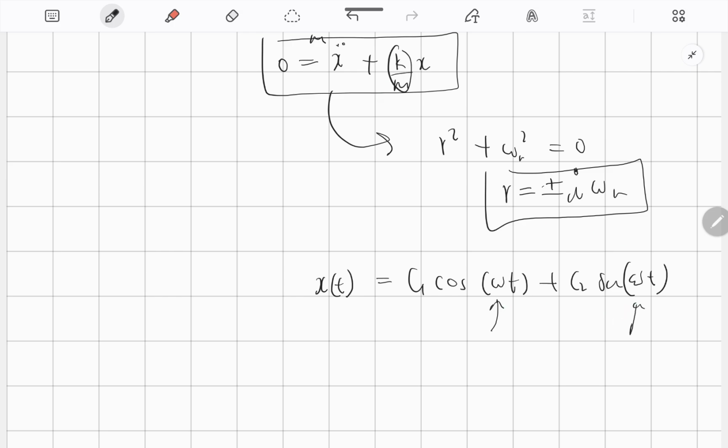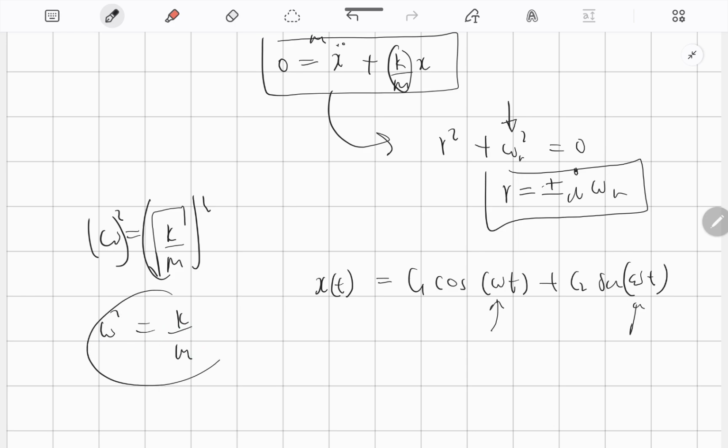Instead of having k and m, we know that omega is equal to the square root of k over m. That's why here I just bring omega squared, because I just squared both sides, and I end up with omega squared equals k over m. So this is just the natural frequency, and this is measured in radians per second if they're giving it to you in a problem.